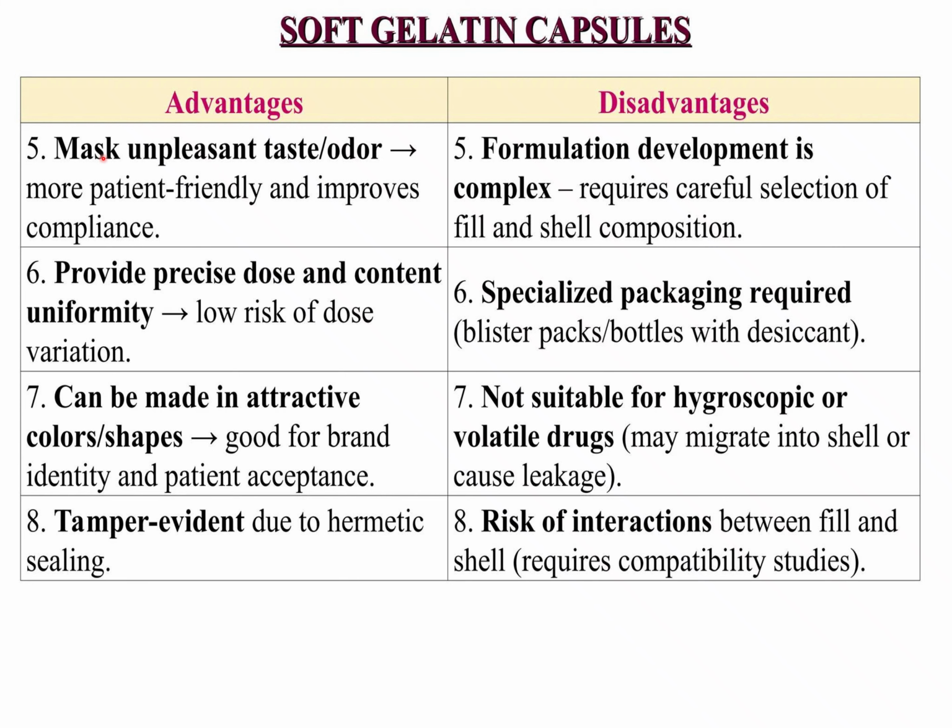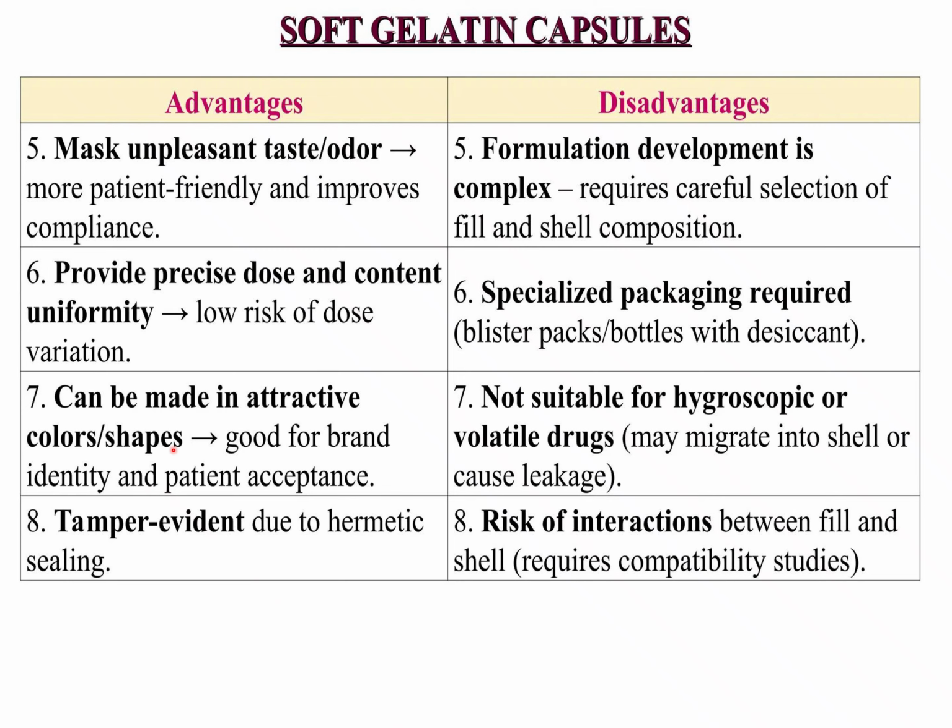So speaking of the advantages, it masks unpleasant taste or odor. So more patient friendly and improves compliance. Then it provides precise dose and content uniformity, so low risk of dose variation. It can be made in attractive color and shapes, good for brand identity and patient acceptance.